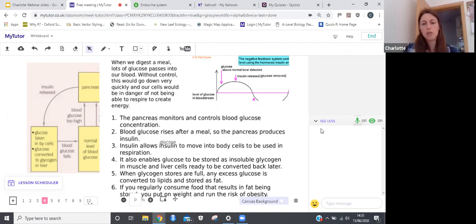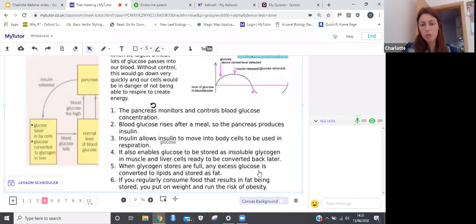And that's where you see weight being put on, and therefore the risk of obesity increasing. That's why we're all advised not to eat too many sugary foods, because you put on weight when your body gets to where it has to store the glucose as fat rather than anything else. And so you put on that weight and run the risk of obesity.